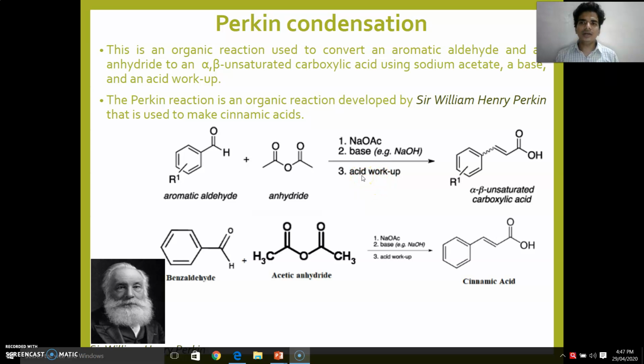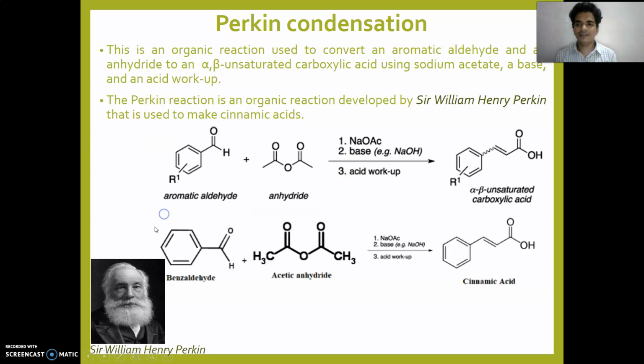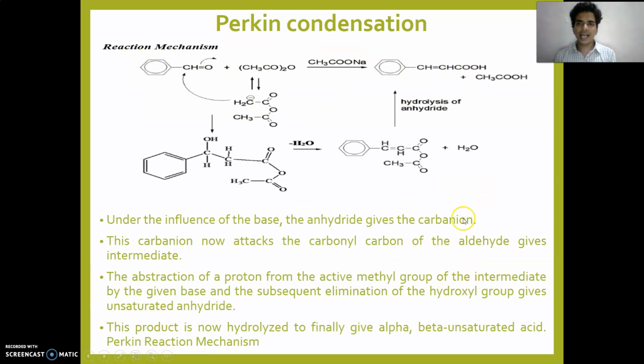The Perkin reaction was developed by Sir William Henry Perkin, and it is used to make cinnamic acid. So benzaldehyde, that is the aromatic aldehyde, and acetic anhydride, under the same reaction conditions, will give cinnamic acid.